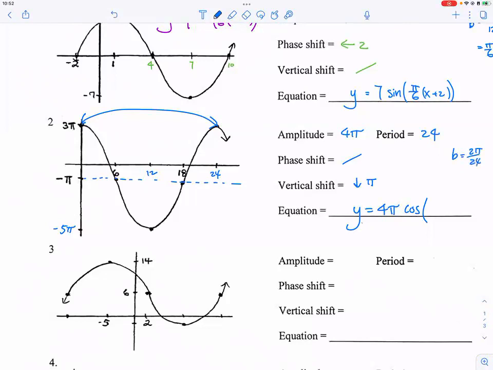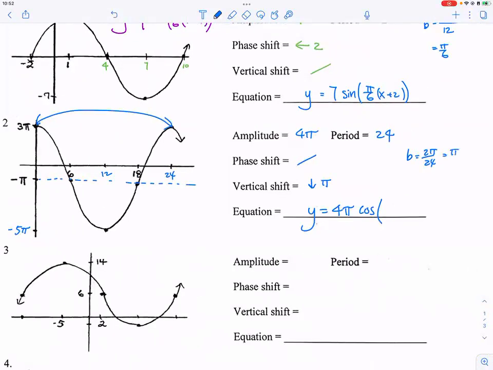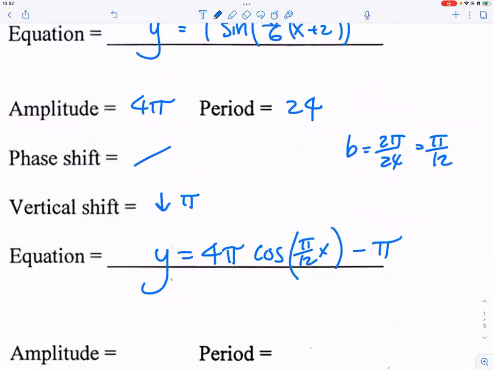Pi over 12. Very good. Then x, by itself, there's no horizontal shift, so let's not write too many parentheses, and then minus pi. Something like this. That's your equation.